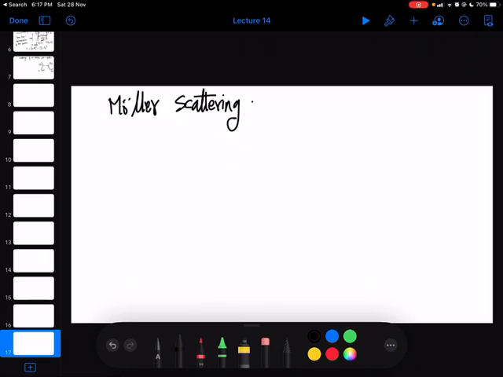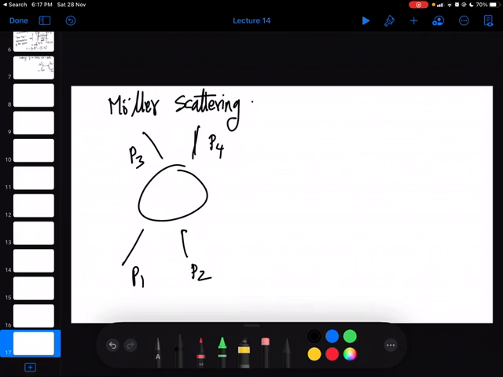Now before doing that, you remember I talked about how if you have any given 2 to 2 process, say with momenta P1, P2, P3, P4, you have only 3 possible exchanges of the momenta within this blob, the interaction part.